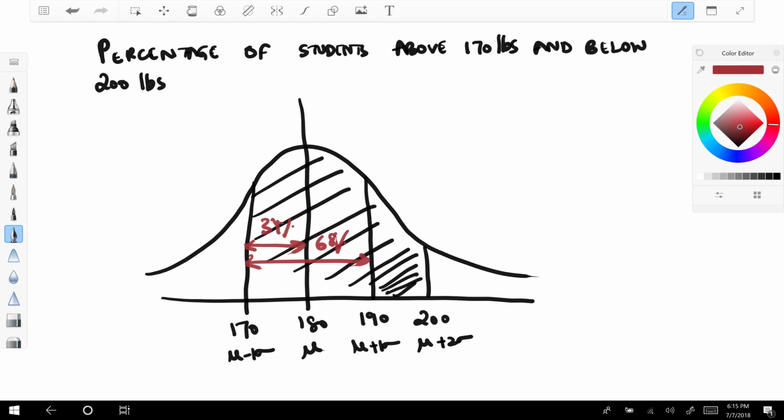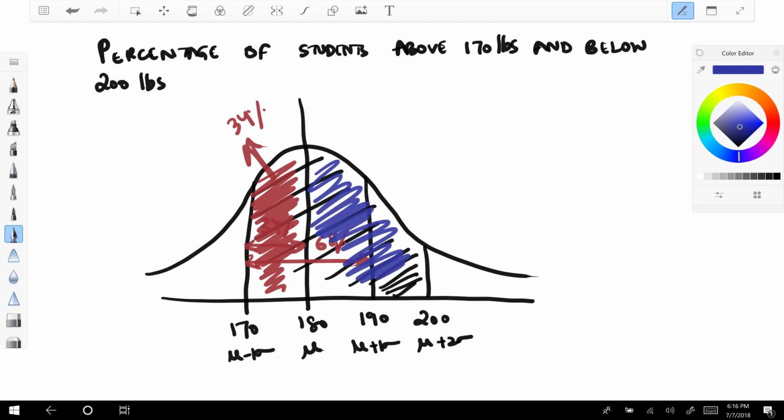And then, so we got this whole area at this time, which is 34%. Now we need this whole area. What is this?